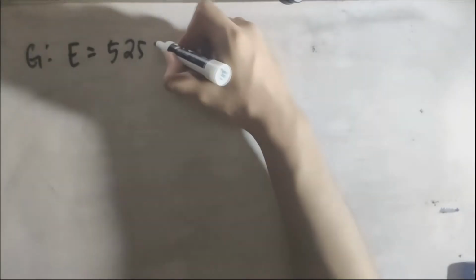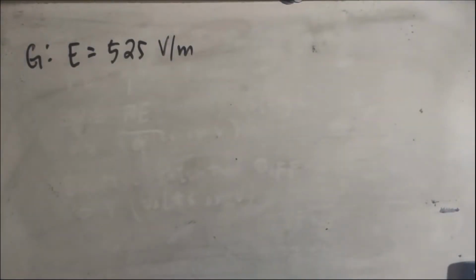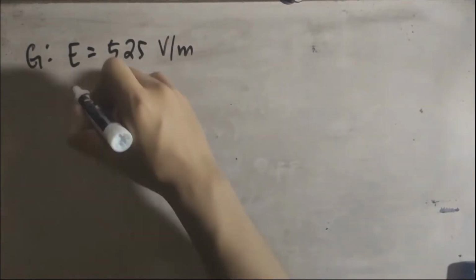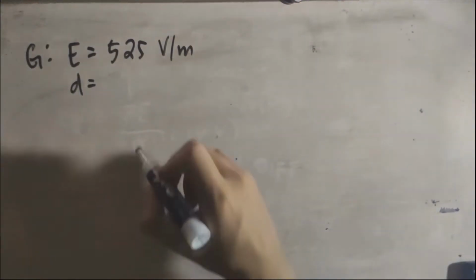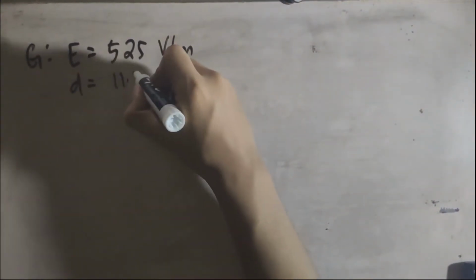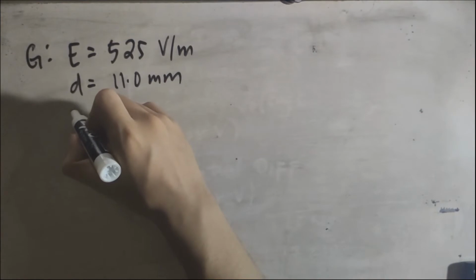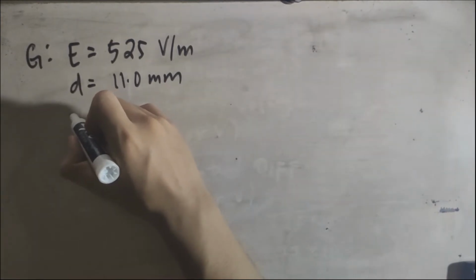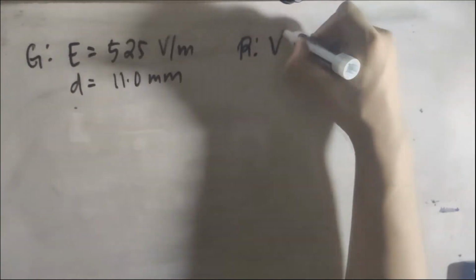So our electric field is 525 volts per meter. Then the distance between these two is 11 millimeters. The question is the voltage.